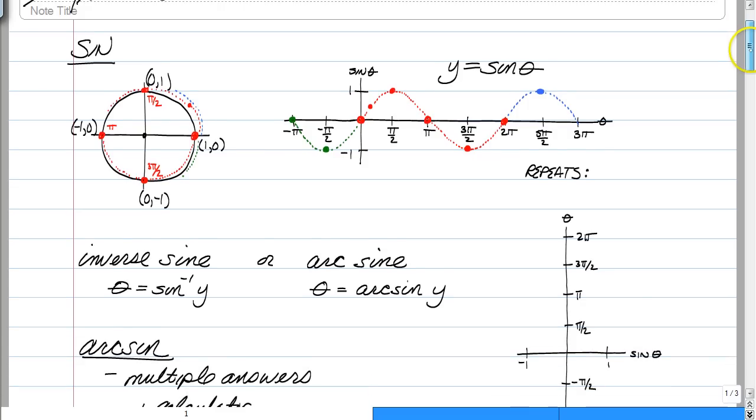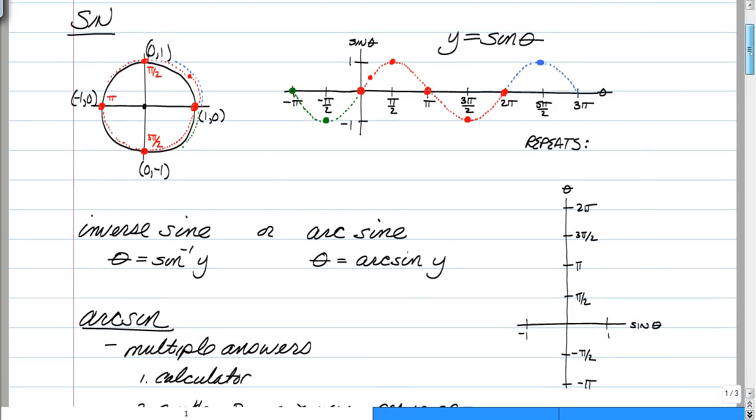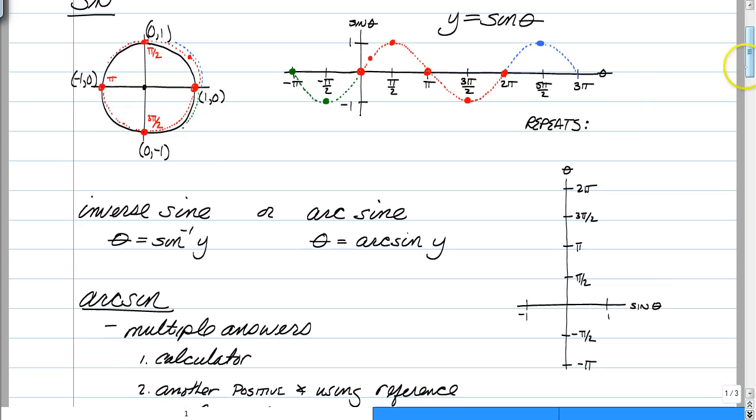So let's see what an inverse sine looks like. To think about an inverse, remember, inverse means we switch x and y. So if we think on a unit circle, what is the sine of 30 degrees? The sine of 30 degrees, we have already said, is 1/2. But what other angle also has a sine value of 1/2?